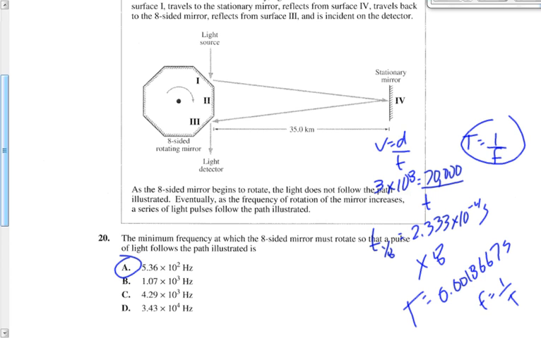If I had to guess on this, why would I have guessed A? As I've mentioned to you guys a whole bunch of times this past semester, you should usually expect to get a number in this range for this one or another. And that's hard to remember, all of those little things, right? I told you, like Young's double slit experiment, probably 10 to the minus 7 meters for a wavelength.